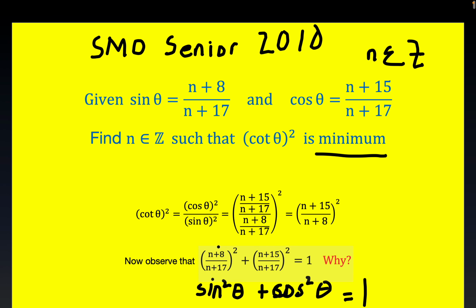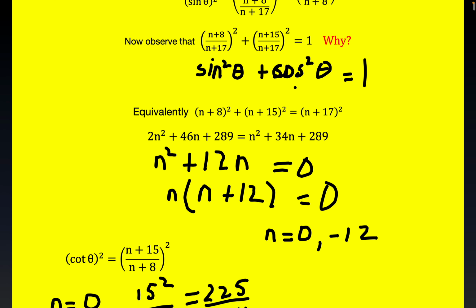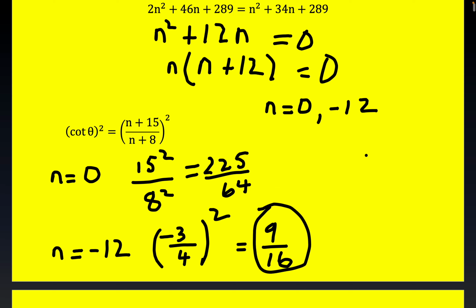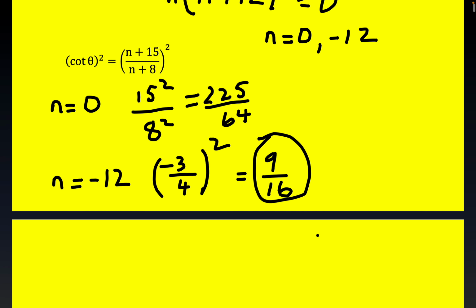And again, I think this was similar to number 4, all the way back SMO 2010. Okay, and just double checking, there's the minimum value. It's the min. Okay, thank you.